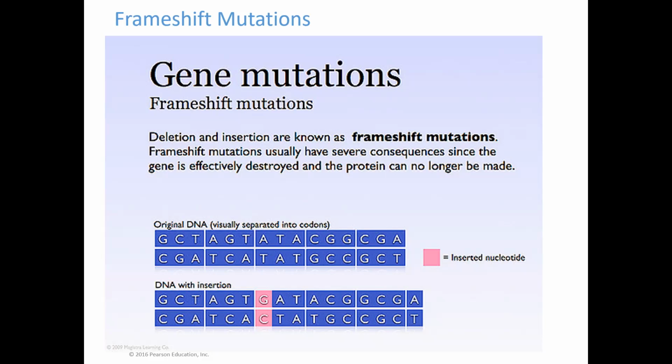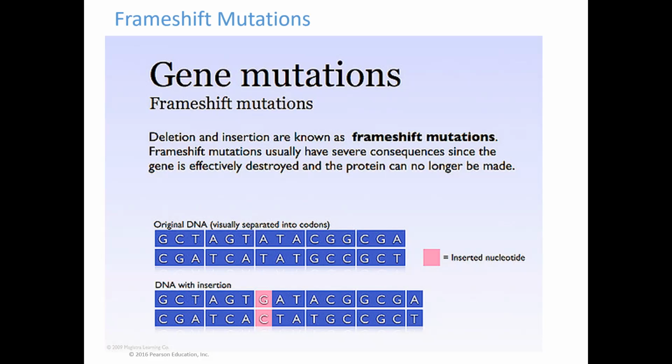If we insert right after the second triplet a guanine and a cytosine, the third triplet, which is supposed to be ATA and TAT, is now GAT, because we put a guanine in here and a cytosine here.